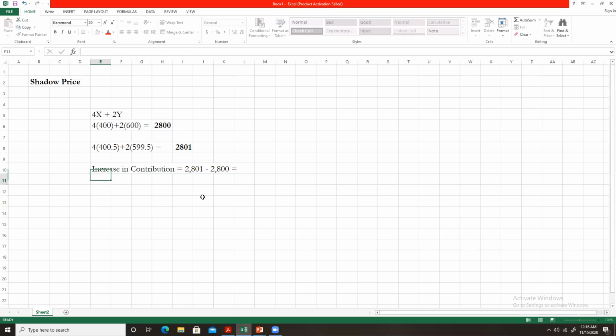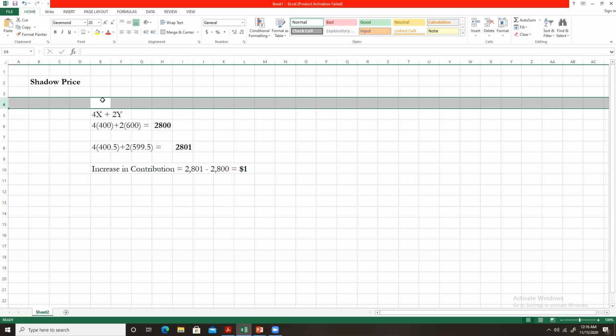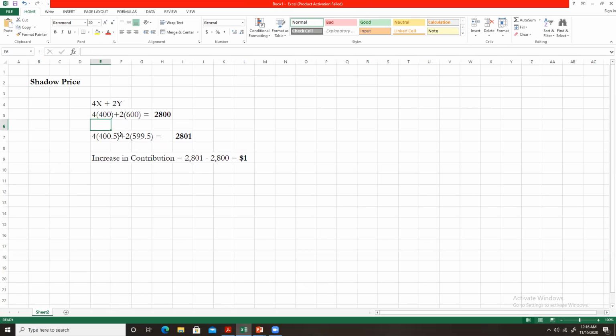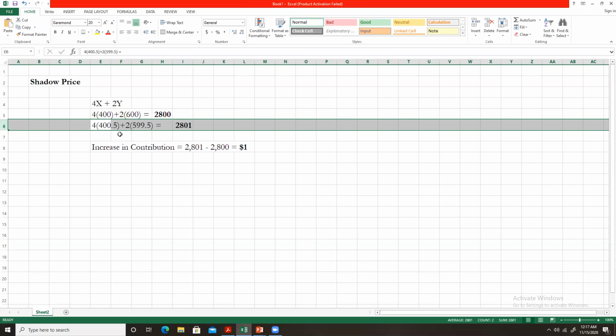So this is the shadow price. The shadow price is only $1, the increase in contribution. So this is how we calculate shadow price when we are given a simple question like this one.